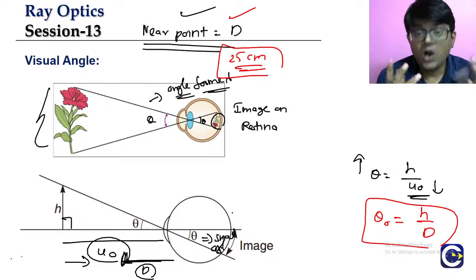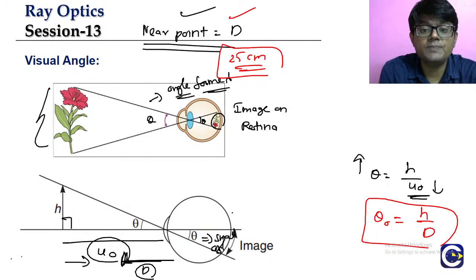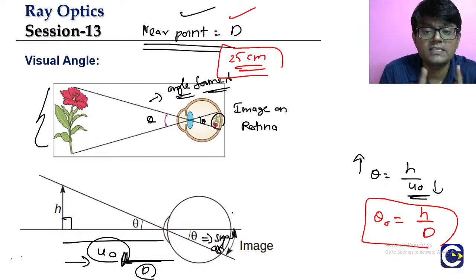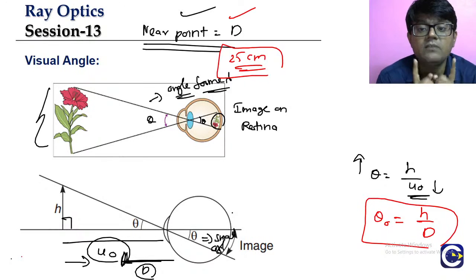If we say that the optical instrument should be giving us a magnified view of that object, it means the optical instrument should do something, some phenomena, so that it will be able to give us a higher value for the visual angle. Okay, so this theta naught is the maximum visual angle we can achieve just because of our naked eye.